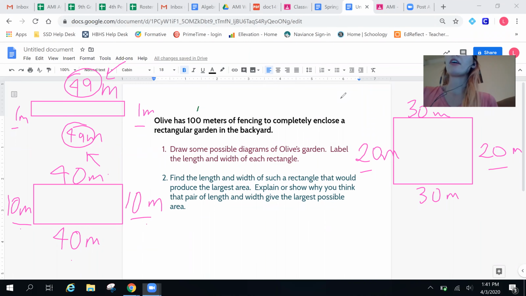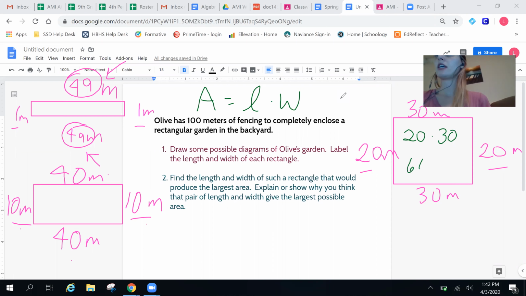Okay, area is going to equal length times width. Sometimes people say like base times height or something. I'm just going to do length times width. So in this case, the area is going to be 20 times 30, which is going to give us 600 meters squared.